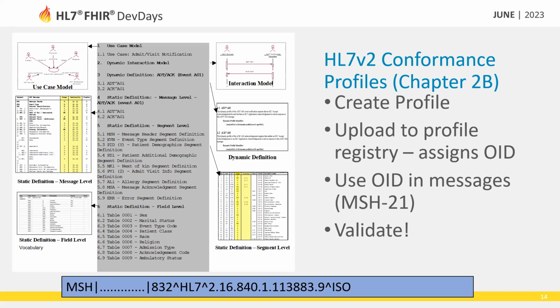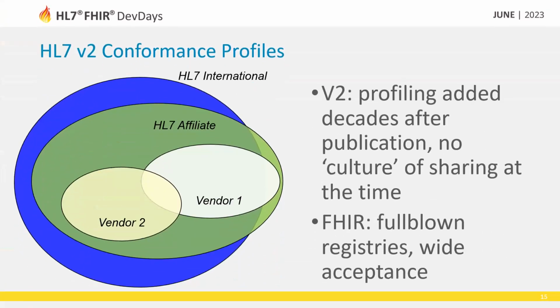And then you will be able to validate or do things like this. If you can express that I support this subset of version 2 and you support this subset of version 2, we can automatically calculate what the overlap is or where the differences are. Hey, cool. So I can see whether my interface is going to work or not before actually trying it.